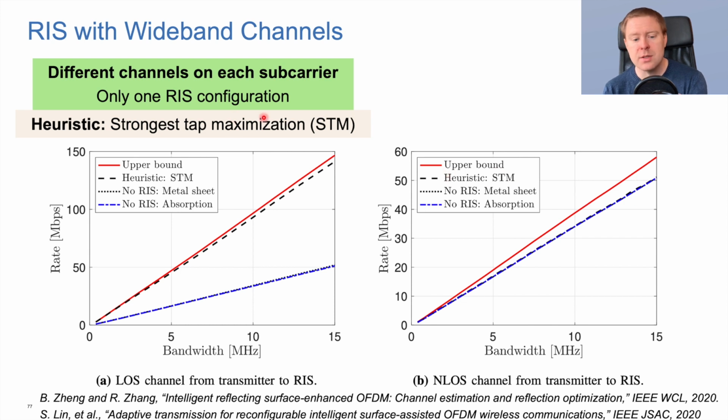But the heuristic strongest tap maximization is almost indistinguishable from the cases without an RS, which is sort of showing you that if we should deploy an RS, we need to do it in a location where the transmitter and the receiver have line of sight channels to it, or at least they have dominant strong paths. Otherwise, it won't be effective. So that is sort of one of the weaknesses that we should remember when building systems based on these principles.